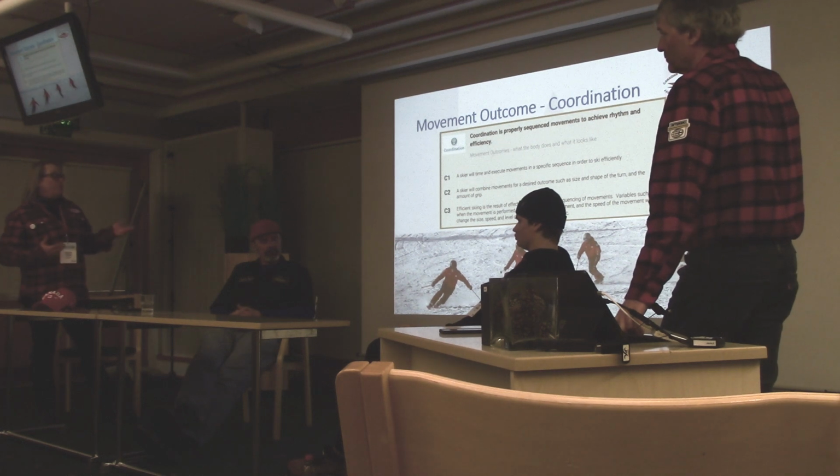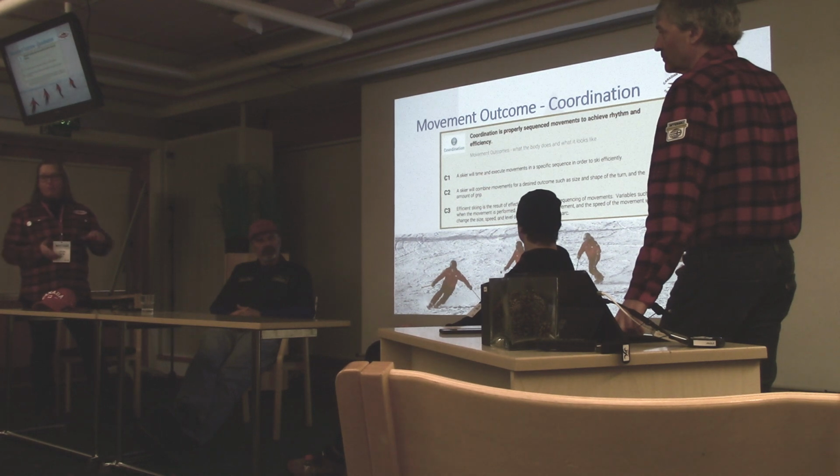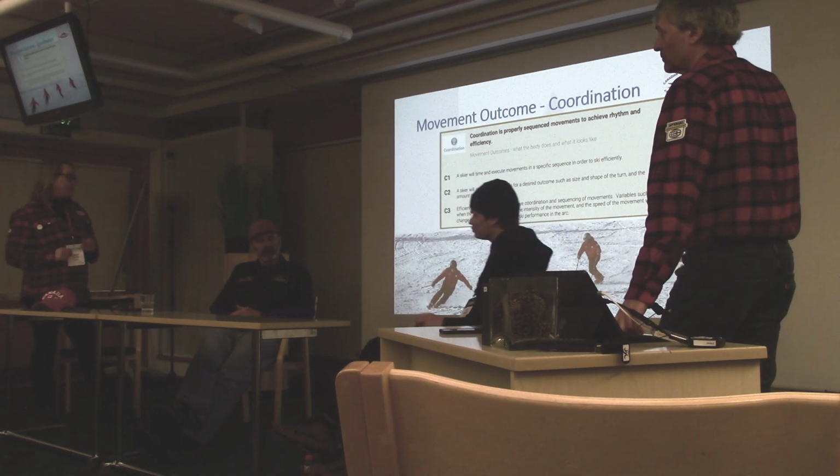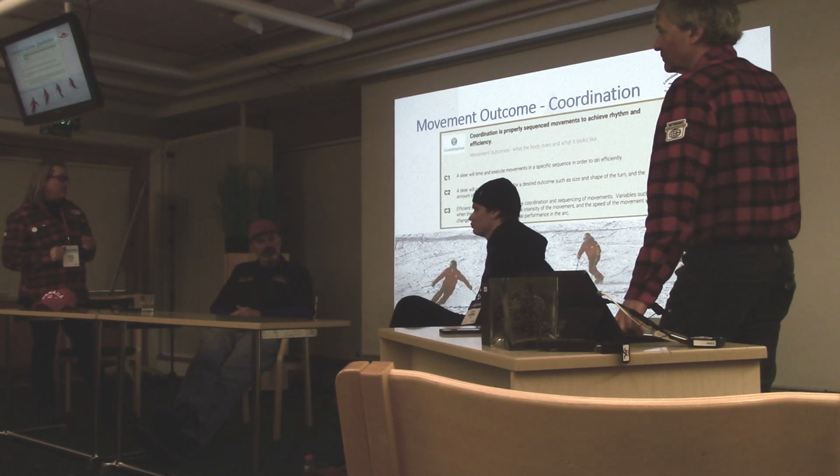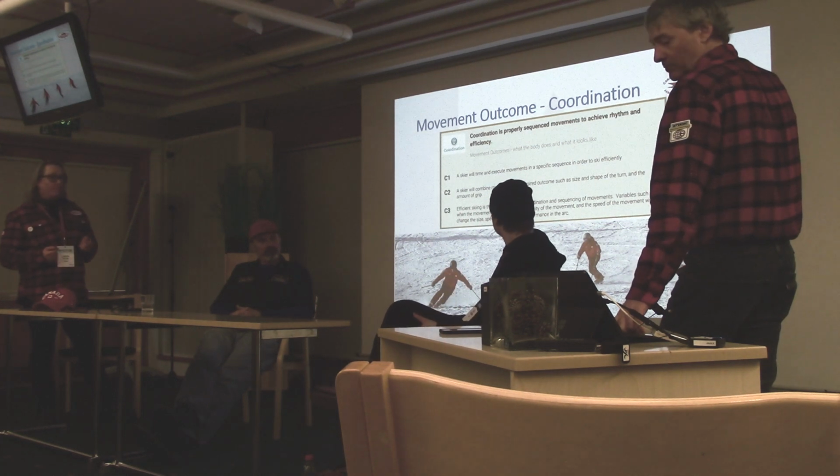So we change the shape of the turn, and in order to do that, we have to change our rhythm, the body movements quicker. All these things are part of the coordination.